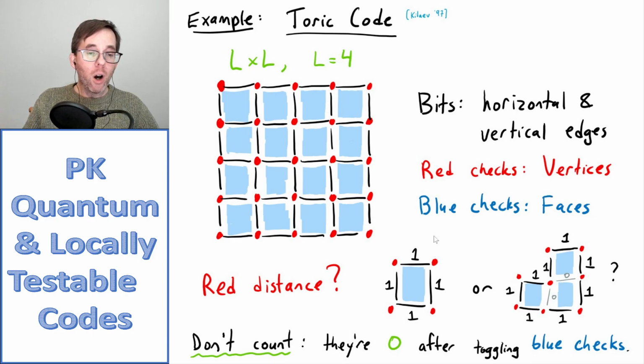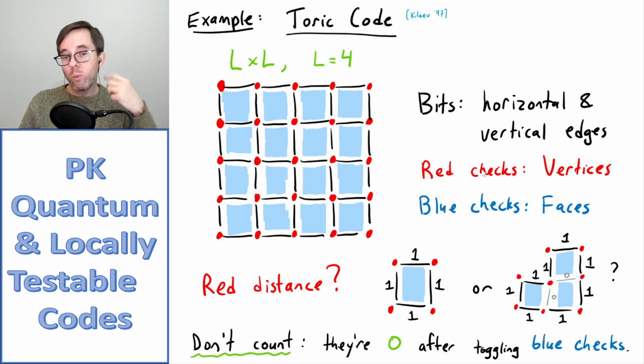Now, at first you might think, oh, there are these very low weight code words. There are red code words of weight 4, which is true. Because, for example, if you just take all 4 edges in a square and label them by 1, then this is a red code word because it passes all the red checks. In other words, for every red vertex in this picture, it will be incident on an even number of 1s.